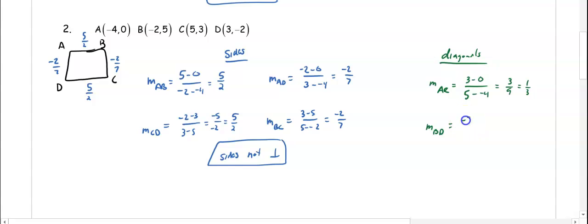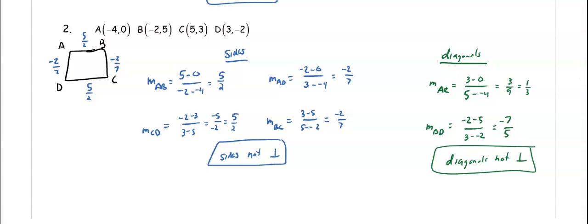BD, we have -2 minus 5 over 3 minus -2. So our slope is -7/5. Again, these are not opposite reciprocals, so the diagonals are not perpendicular. So when both the sides and the diagonals are not perpendicular, this is a parallelogram.